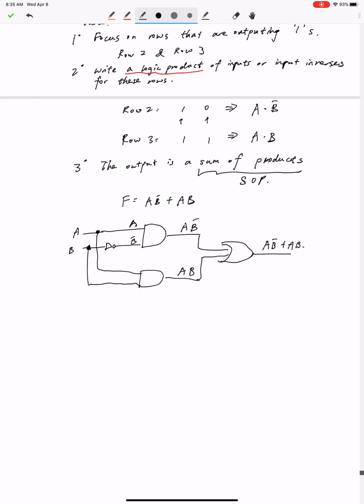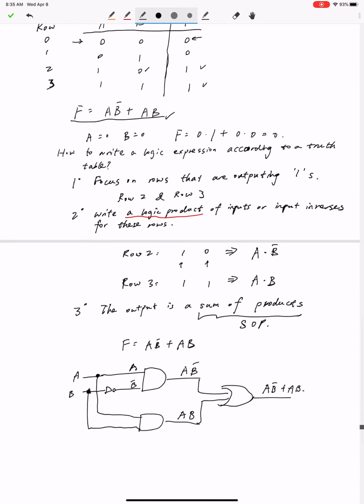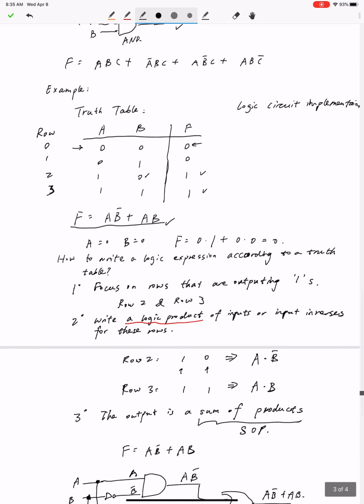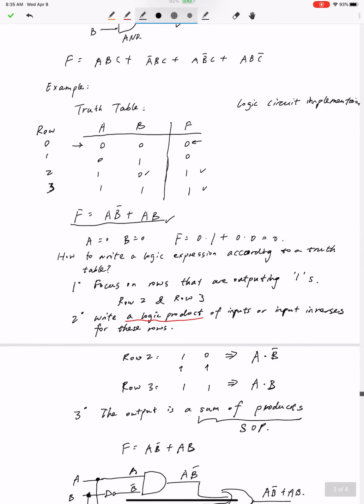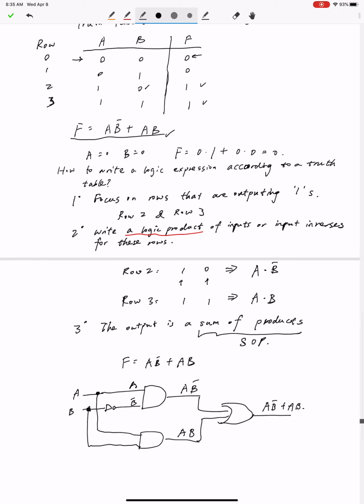That's F. Okay. All right, so that's how we find the logic expression and how we find the logical circuit implementation according to a truth table. And this method is called sum of products.